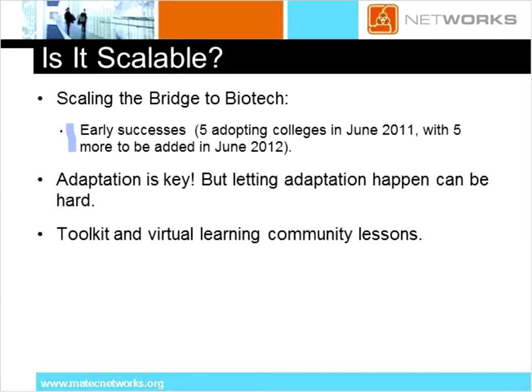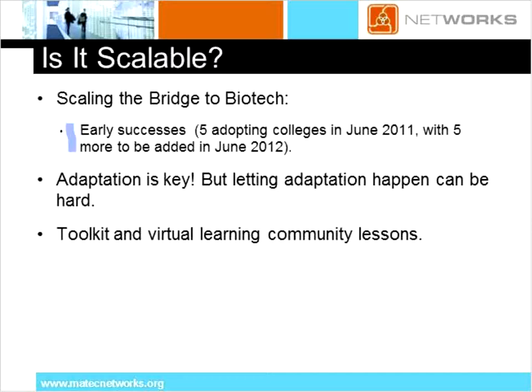The story, I think, is that second bullet really is our big sum up so far: adaptation is key. Letting colleges that are working with you adapt the model that you've created is really the key to replicating it and letting it spread.